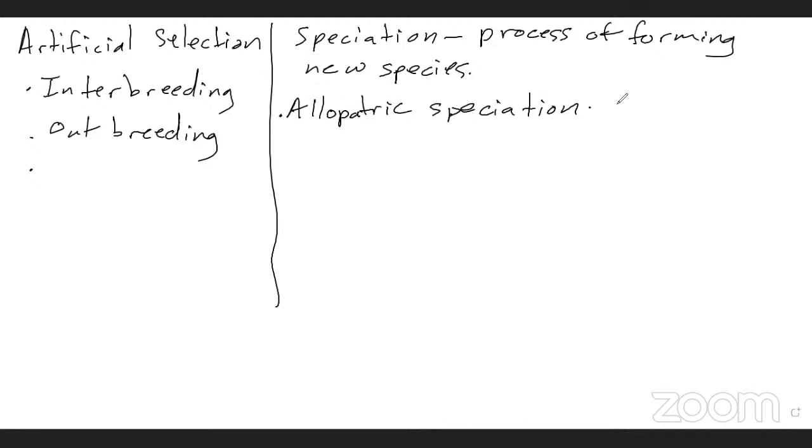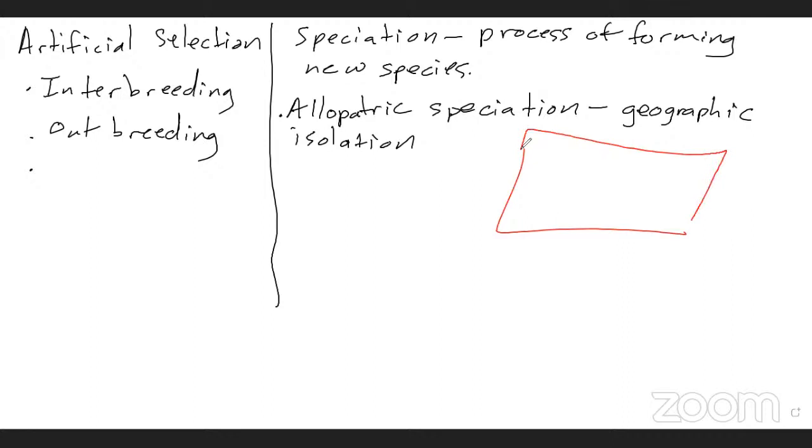Right, so allopatric arises from geographic isolation. Basically, with this one, just moving quickly, you have some insects. These are insects here.